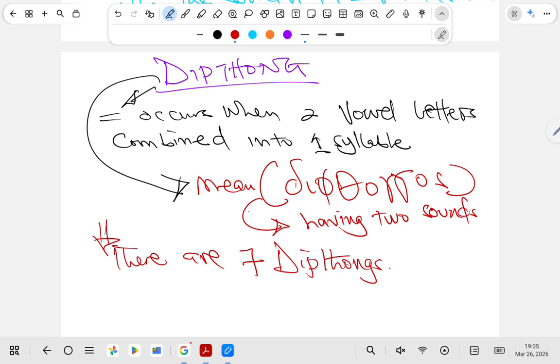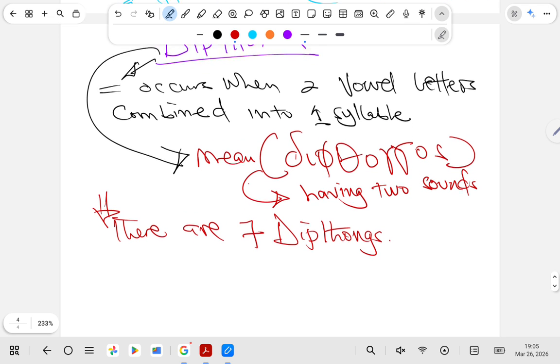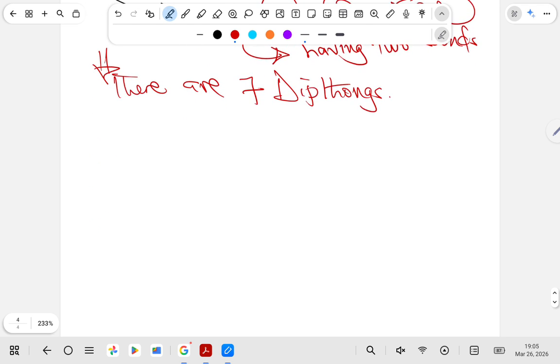Okay, so we said Greek has 7 diphthongs, and these 7 diphthongs are this.